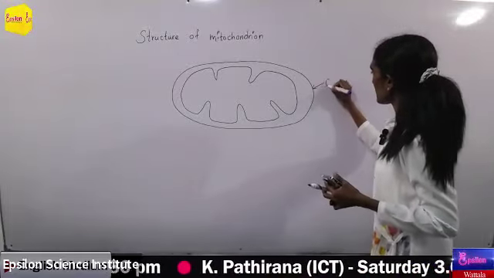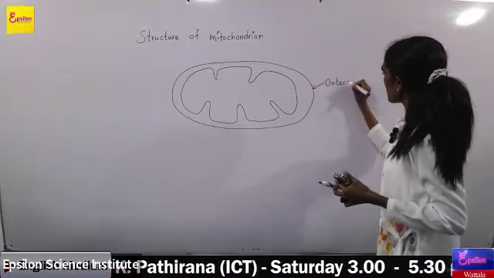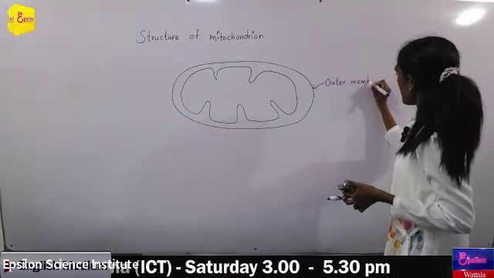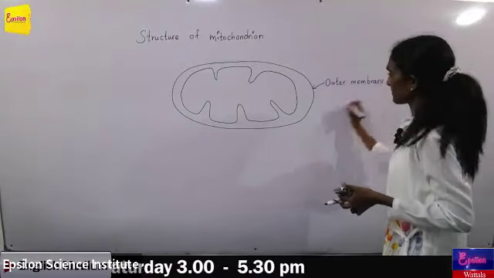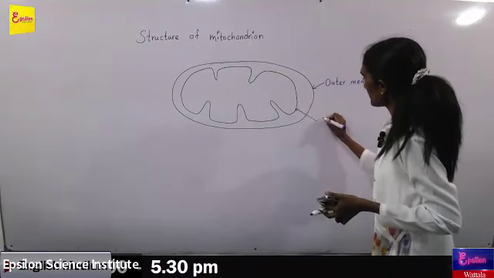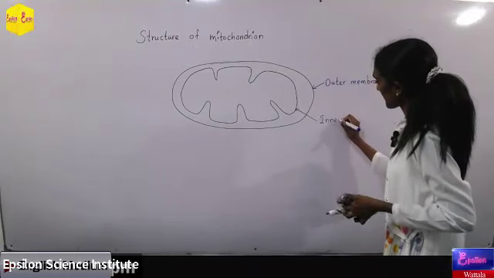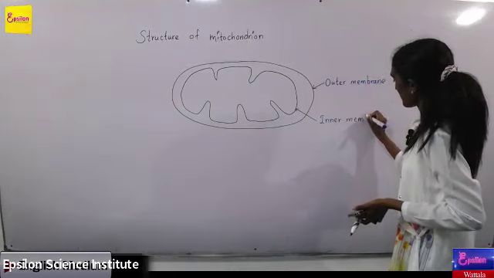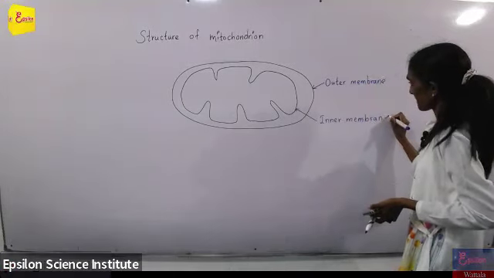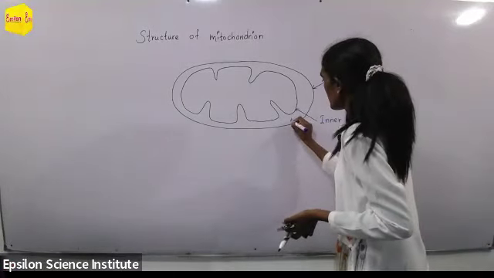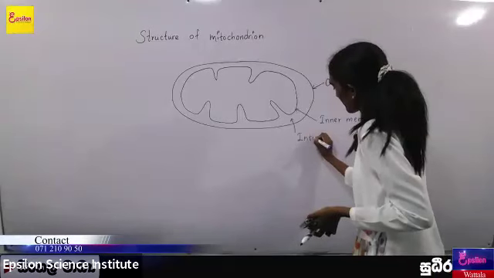This is the outer membrane. Here is the inner membrane. In between these two, this is the intermembrane space.